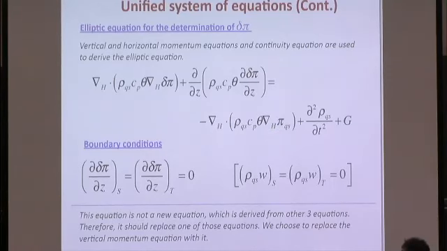So what that means is if there is a minimum of pi qs somewhere, this is going to yield a maximum d pi in the same location. So the non-hydrostatic part is going to try to compensate the hydrostatic part.